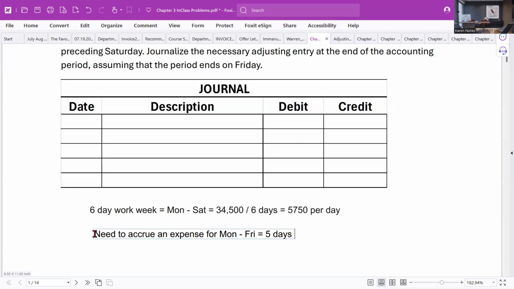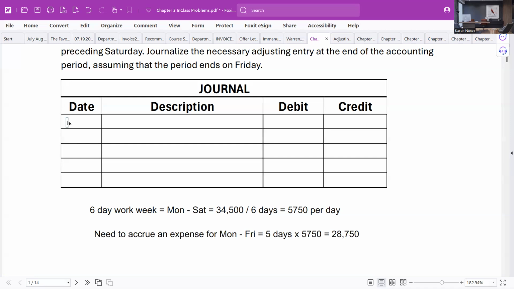And since we're accruing for 5 days and we know that it is $5,750 per day, then that means that we've got to accrue this expense for $28,750. That's our accrued expense.